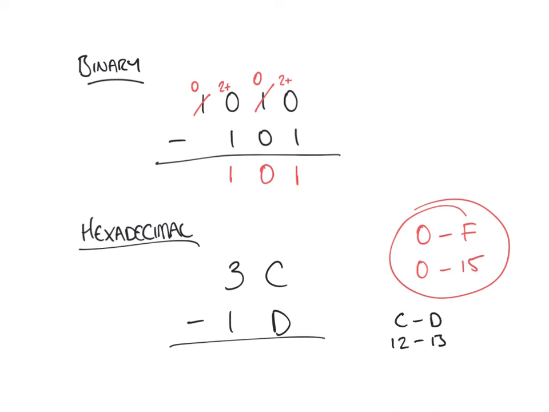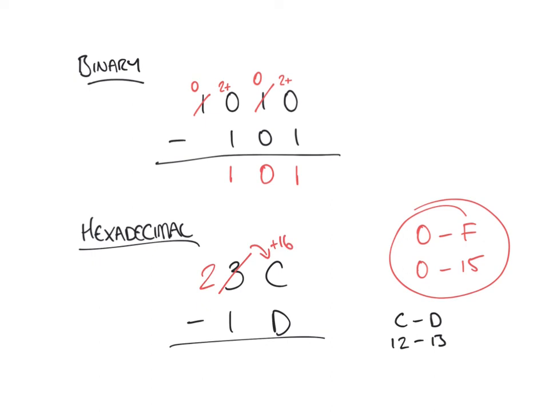Well, again, 12 minus 13 would give us a negative number, so we're going to borrow from the next column to the left here. So 3 to the left is going to become 2. And that means that because we've borrowed 1 or one lot of the base, we are adding 16 to our term on the right hand side.